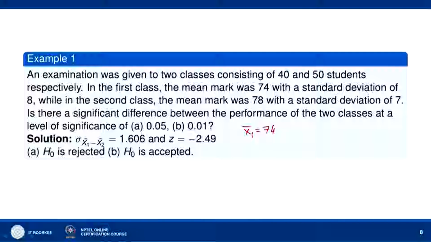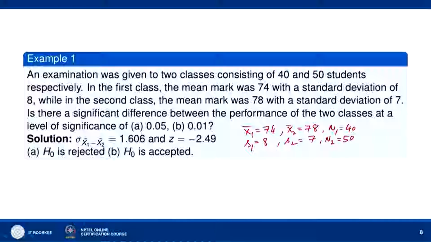We are given the sample standard deviation S1 equal to 8, and x2 bar, the mean mark for the second class, is 78, and S2 is equal to 7. N1 is 40 students and N2 is 50.